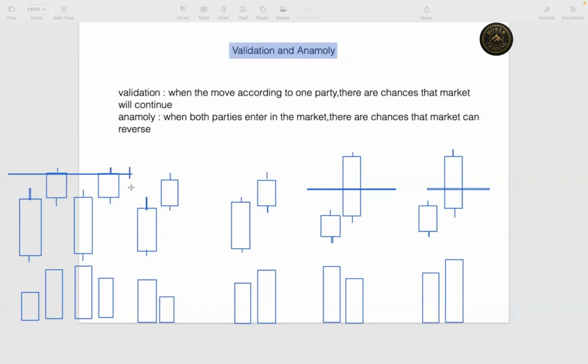Okay, we have a decrease of volume, but in the first place we have a good candle. The first candle is a good candle, right? And we have a good volume.